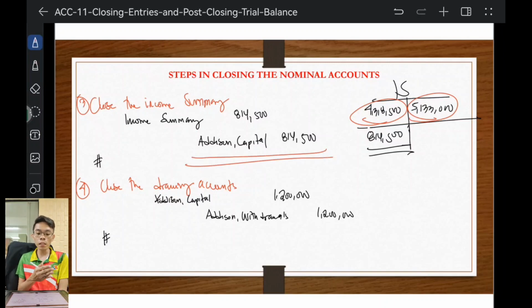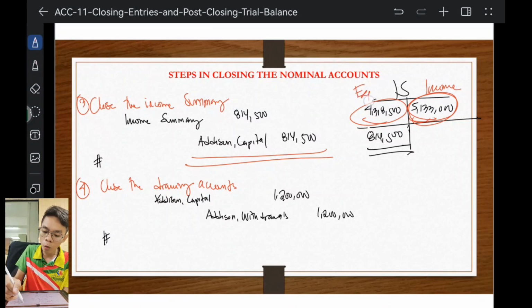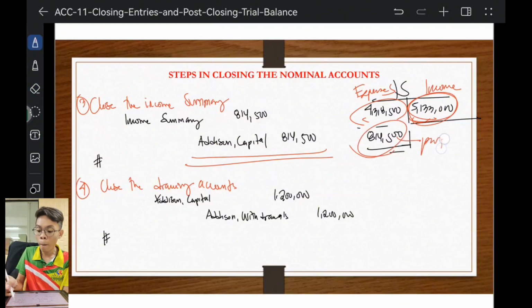So it means that it increases our Addison capital because we actually earned a profit in this case, because our income is higher than our expenses. So the balance here actually refers to our profit. That is why we credit Addison capital.